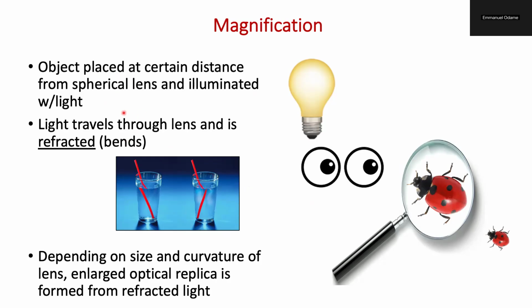The light travels through the lens and gets refracted, or bends. So depending on the size and curvature of your lens, you get to see your object bigger or smaller based on the enlargement of your optical replica.